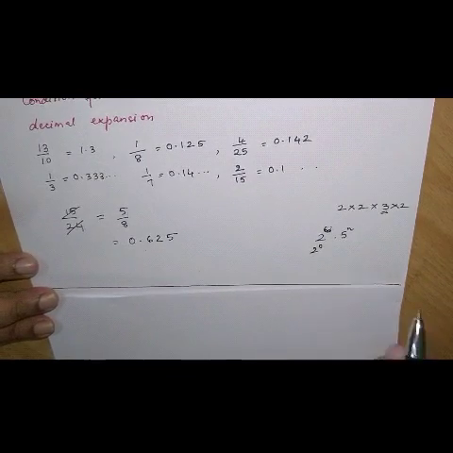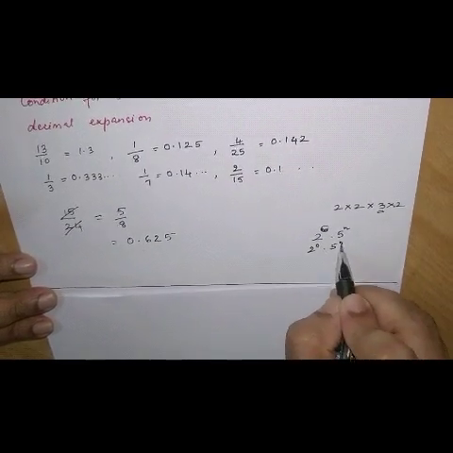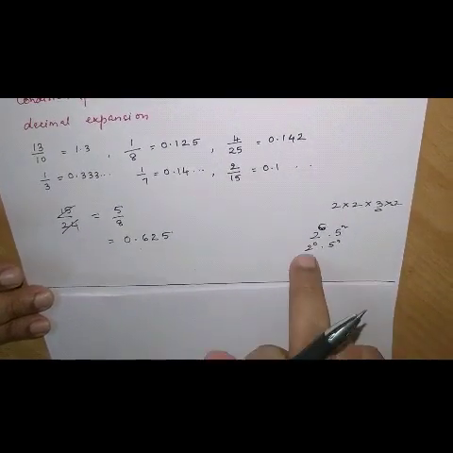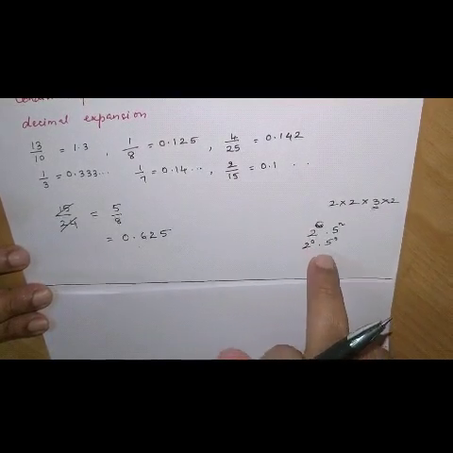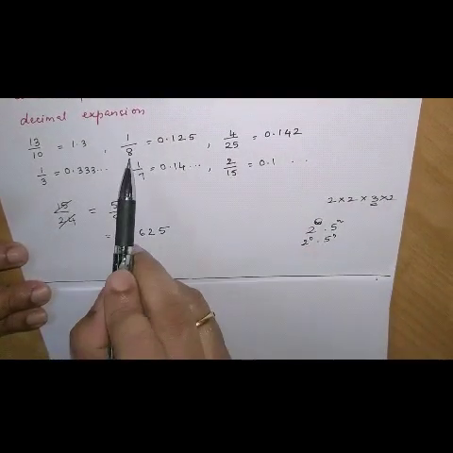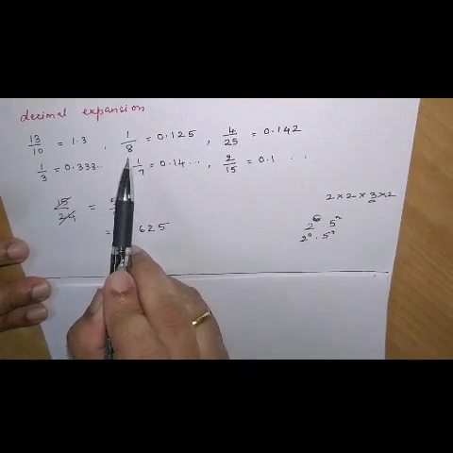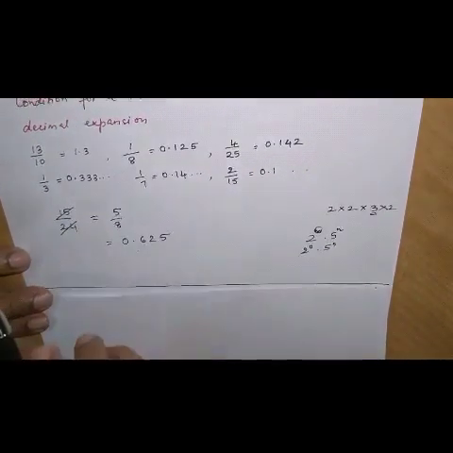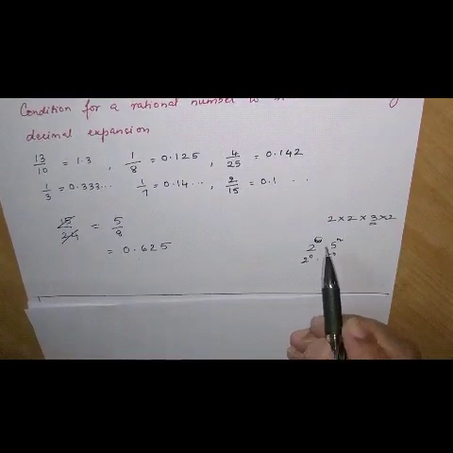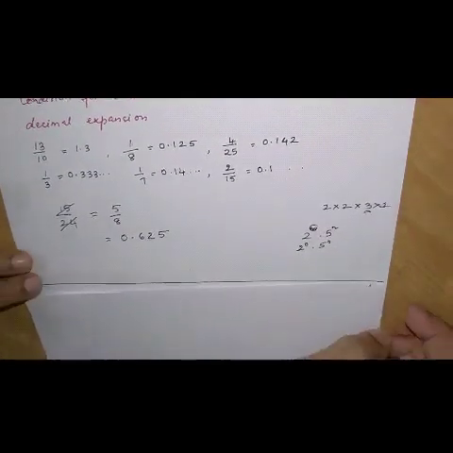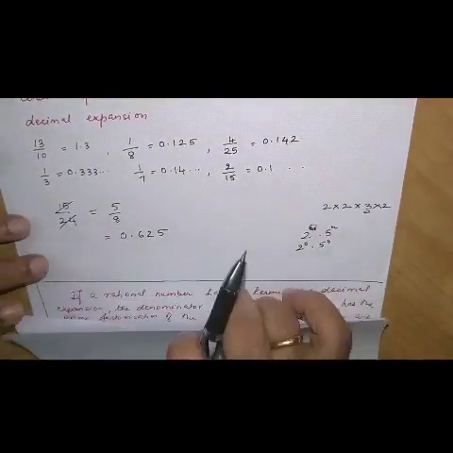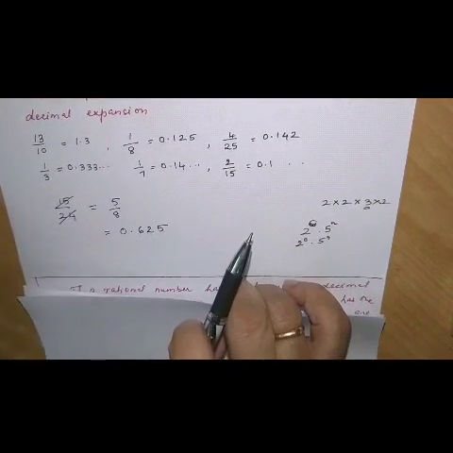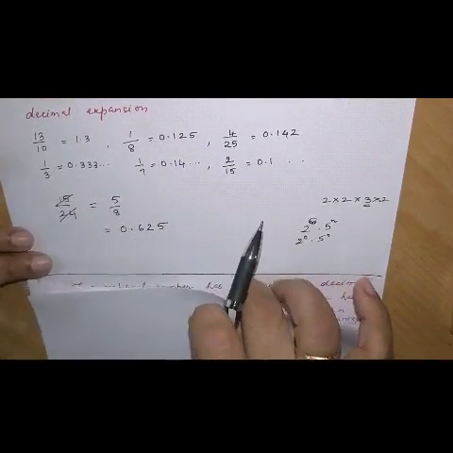If it is 2 to the power 0 into 5 to the power n, then it is terminating, because 2 to the power 0 is 1. So here we see it is 8, which is 2 to the power 3 into 5 to the power 0. So that is allowed. This is the condition for the rational number to have a terminating decimal expansion.